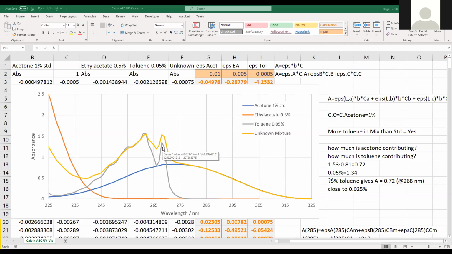Because ethyl acetate is 0 here, and there's only acetone and toluene there, and you got the concentration of acetone from the first equation, like the graph after 285. Exactly. So you can figure out acetone. So for here, you just take out the concentration of acetone. All that's left is toluene.